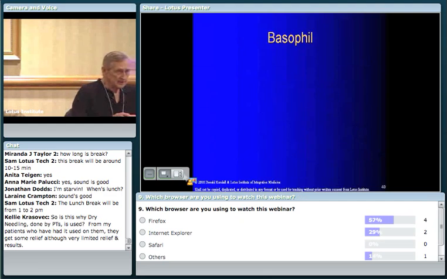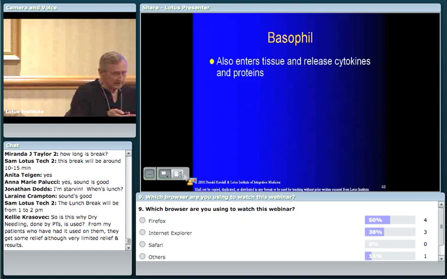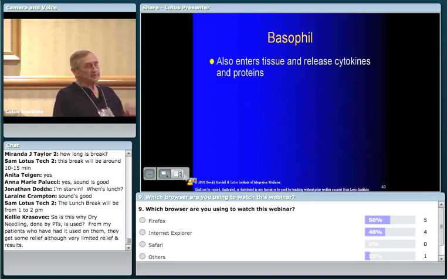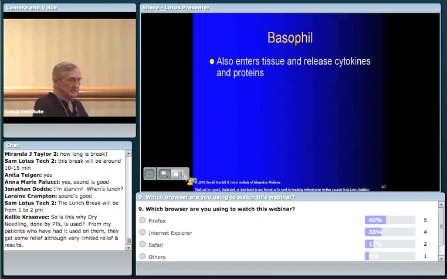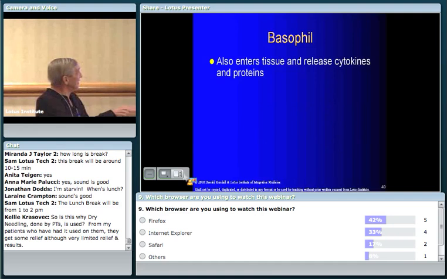So eosinophils come in, and they are usually thought of as being specific for parasites in the gut, but they also have a very, very important role in these particular factors here, namely these two highly inflammatory reactions.